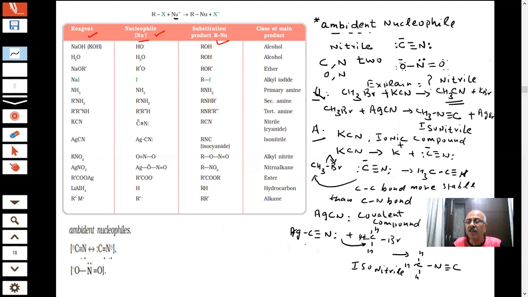We are studying the nucleophilic substitution reactions of haloalkanes. They are the most important reactions which the haloalkanes undergo. And here is a question on ambident nucleophile. I'll give one more question on this. First, you students note down so that I can proceed further.